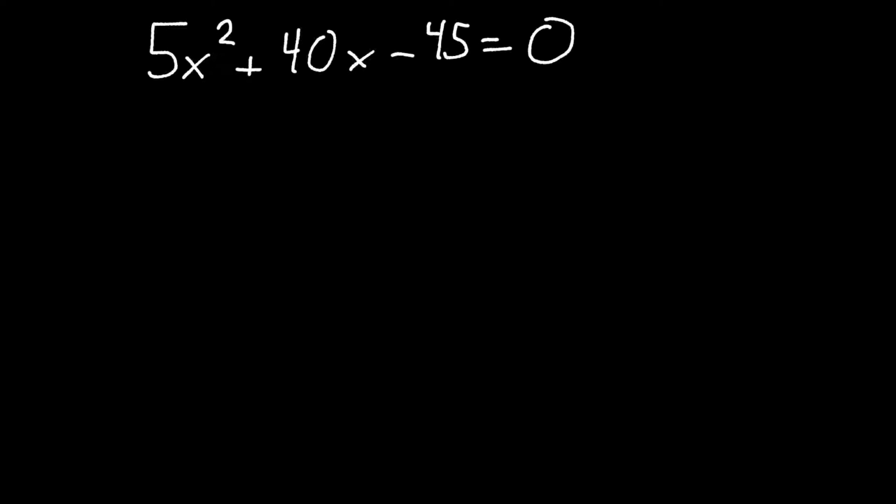So for this example, we have 5x squared plus 40x minus 45 equals 0. You can see already that my A term is not 1. My A term is 5, but my B term is still even, which is good.